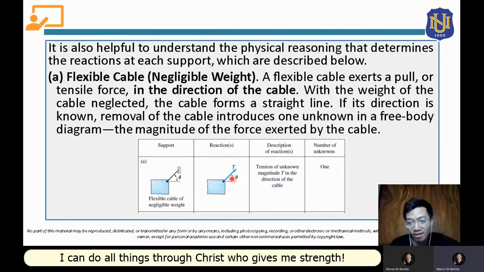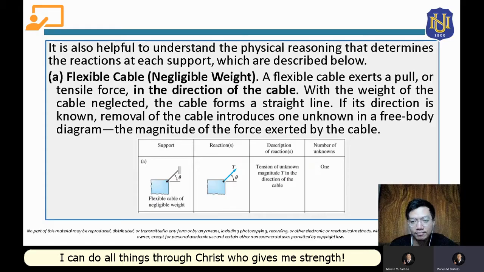Because it is a cable, of course it will pull the body. And from that, it will introduce one unknown in your free body diagram: this tension force, if this inclination theta is given. So there will only be one unknown for this type of support, the reaction force that it provides.